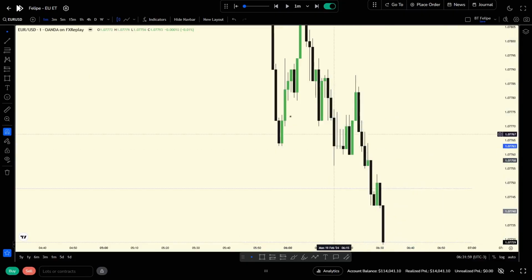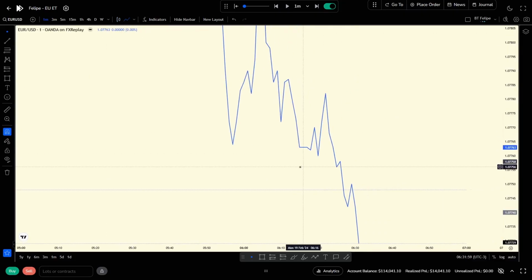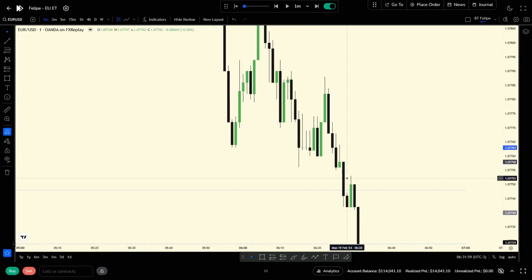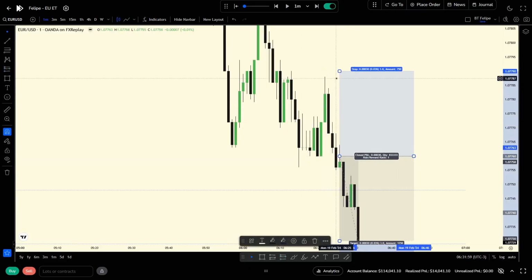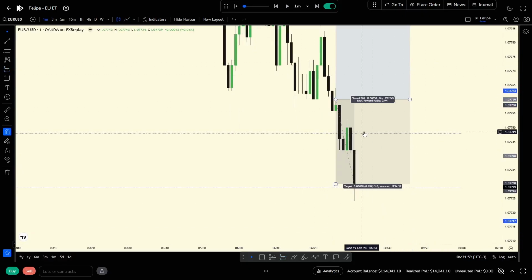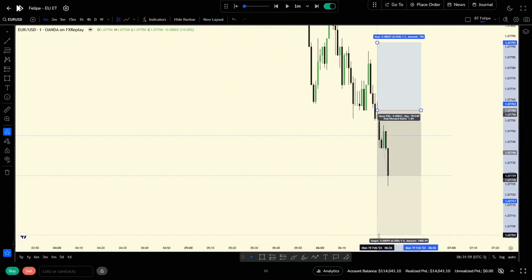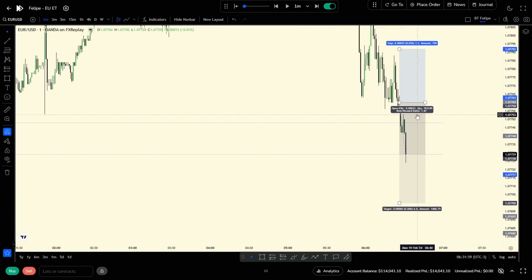Oh, maybe this one was. Yeah, came up, came down, came up, down, manipulation, and broke. This one was very fast. I had to enter here, but then the same problem happened right above the demand area.